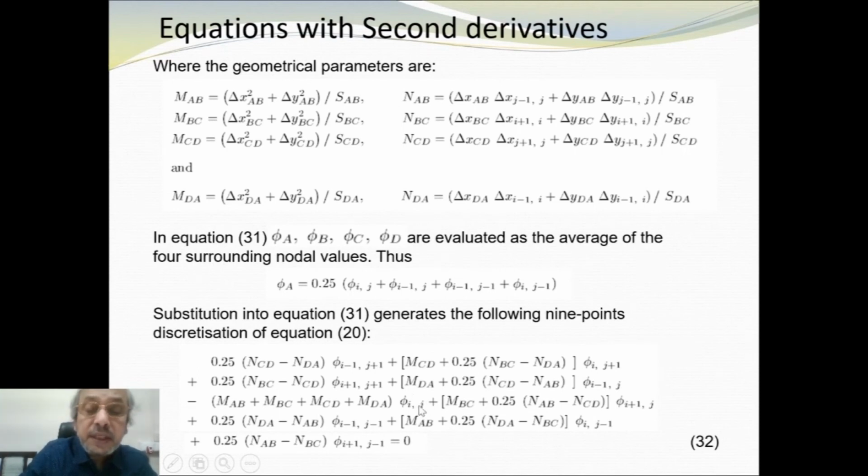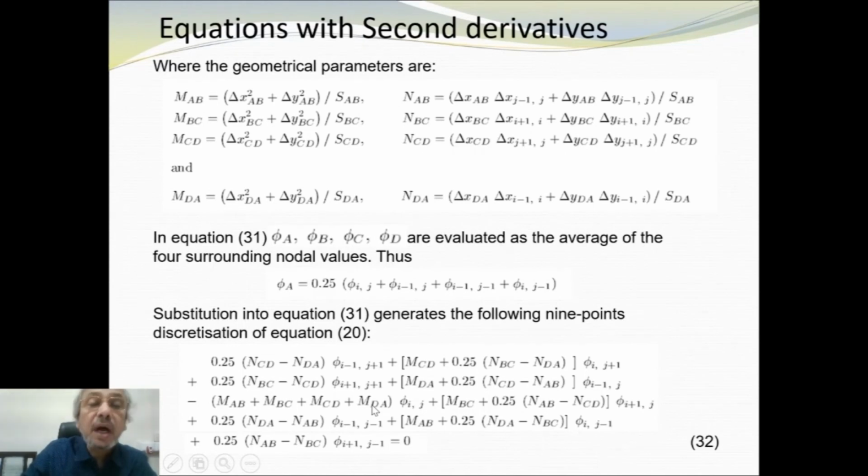That means this phi ij with its coefficients, if shifted to the other side of the equation, we can explicitly get expression of phi ij by dividing the remaining terms by MAB plus MBC plus MCD plus MDA.